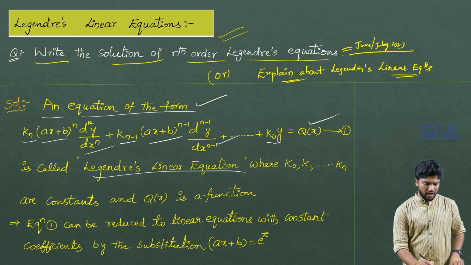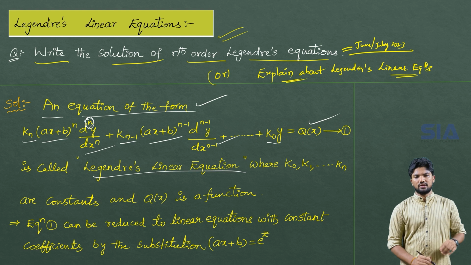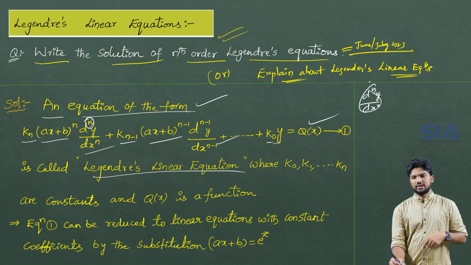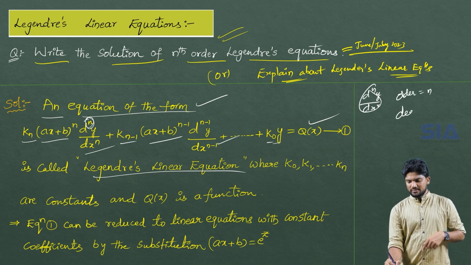Observe carefully, here the order is n, that d power n y by dx power n is the order. Okay, order of this equation number 1 is small n. Degree is 1.